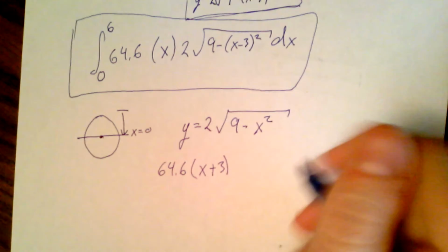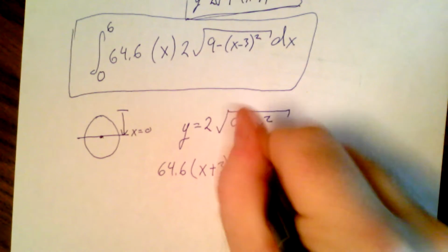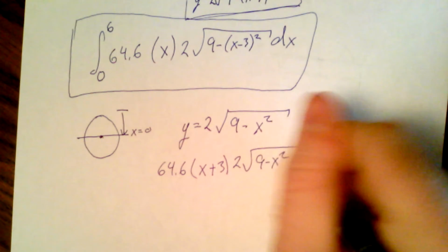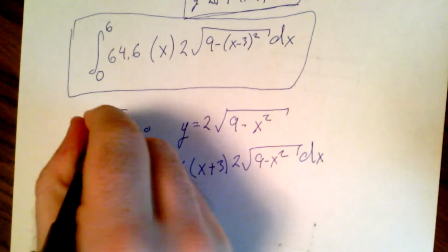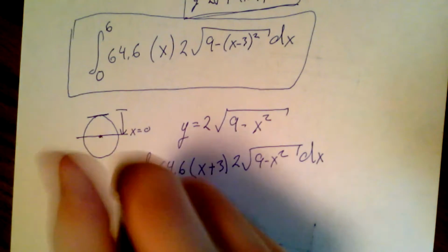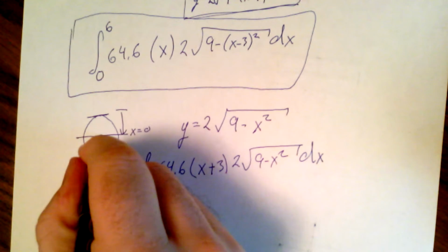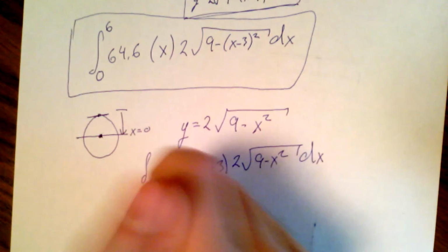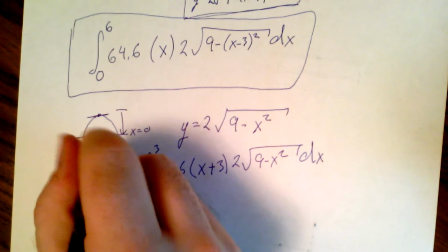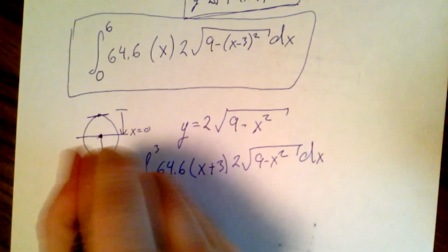And then we multiply by our differential rectangle, which is 2 square root of 9 minus x squared dx. We integrate that from the top of this, the surface of the fluid is at -3 because the origin is here, the surface is there. And then the bottom is going to be at 3.